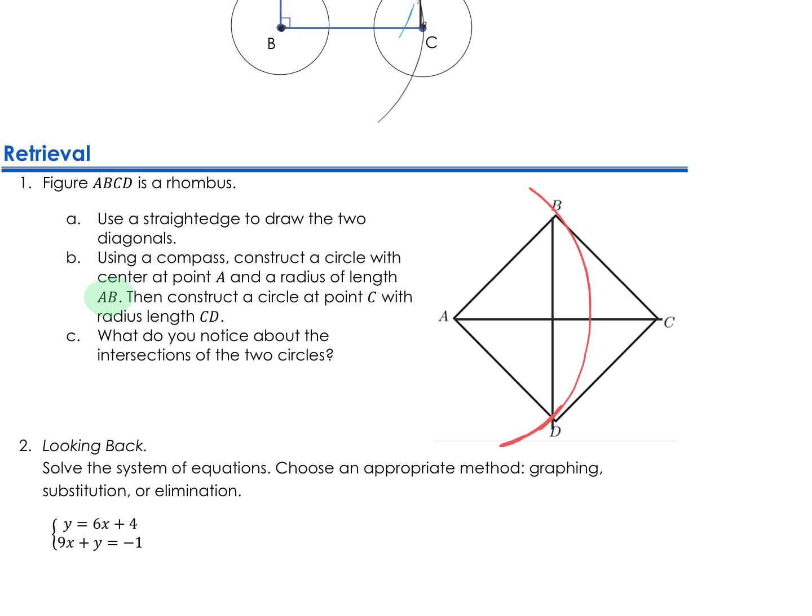Next, we need a circle centered on C that's the same length as CD. So let's try that. Okay. So the circle would continue on, but that's going to be enough for seeing what we need to see there. Well, what do you notice about it? Where do they intersect? Well, they intersect at these points, B and D.